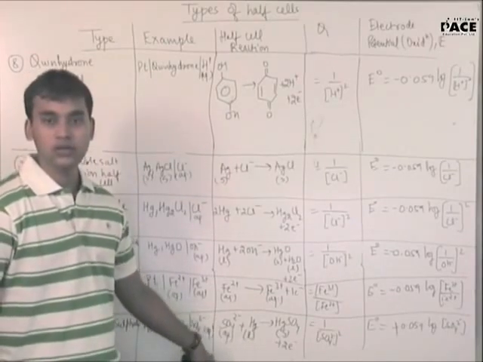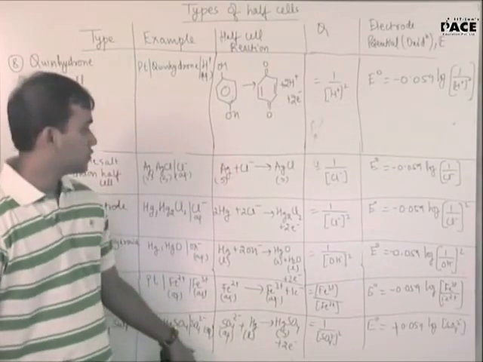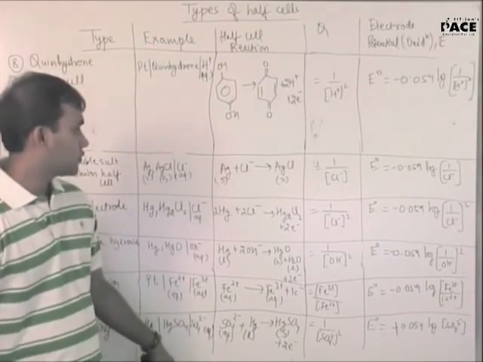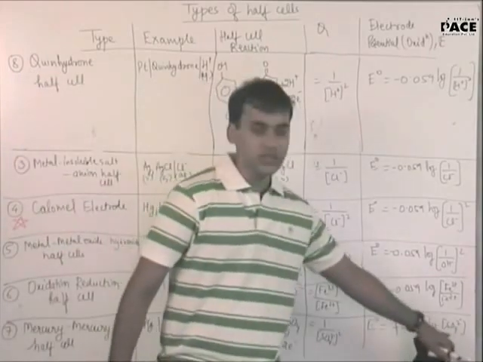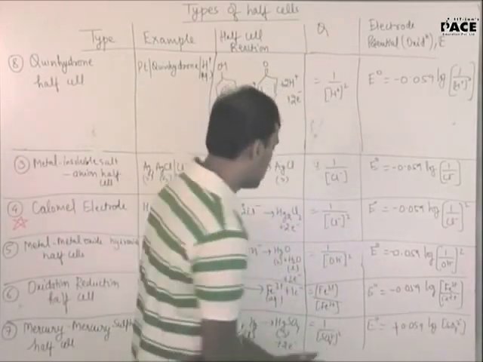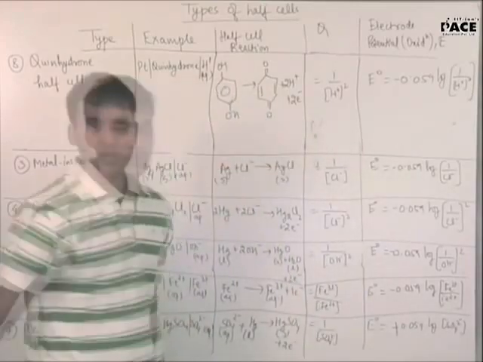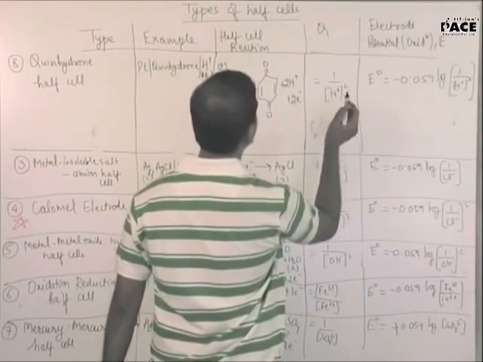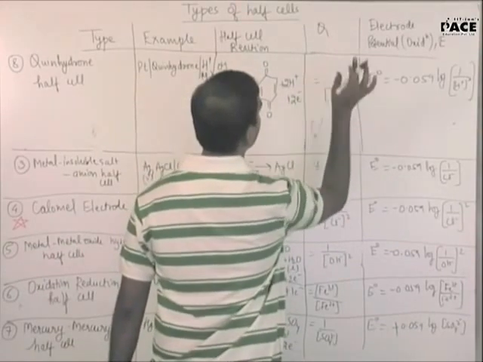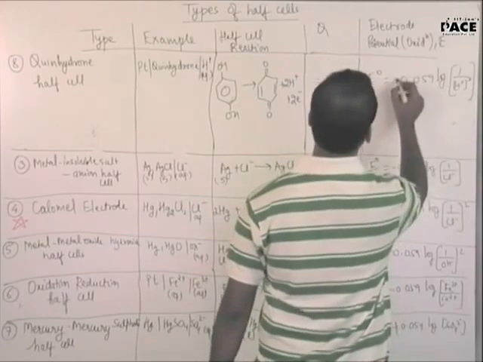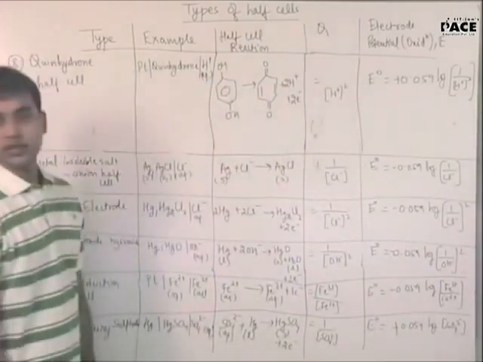So, sir, the second last column should not be SO4 minus whole square, it should be just SO4 2 minus. It's not whole square. One before that, the box before that. Yes, the column. It's fine now? And here also, the numerator should be equal to this. And make it positive. Now it's fine?